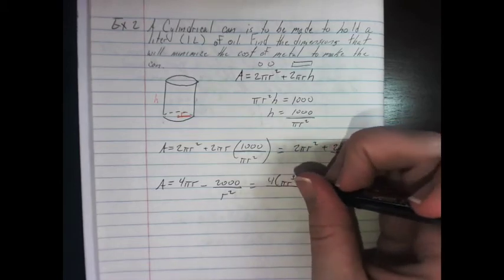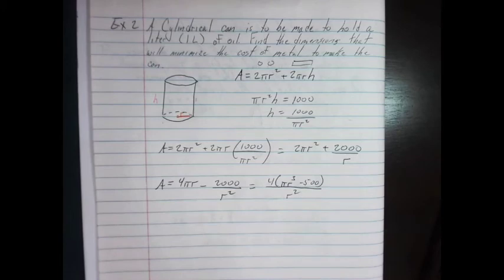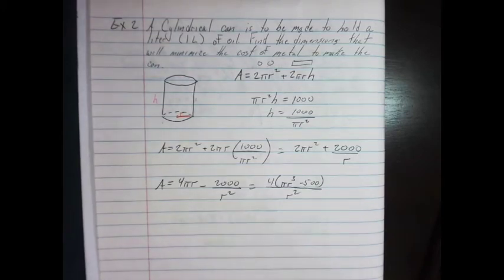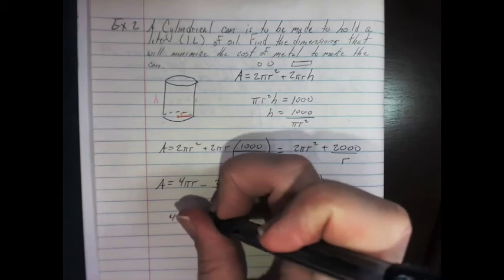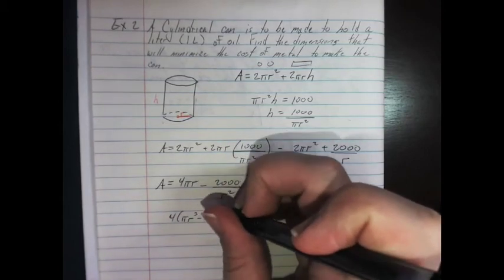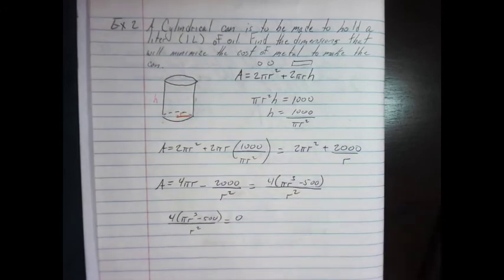If you're wondering about the algebra behind it, well, try to figure it out on your own. Now, what we need to do here, set it equal to 0 and solve it out. Well, we can definitely do that. So, 4 pi r cubed minus 500 over r squared equals 0.